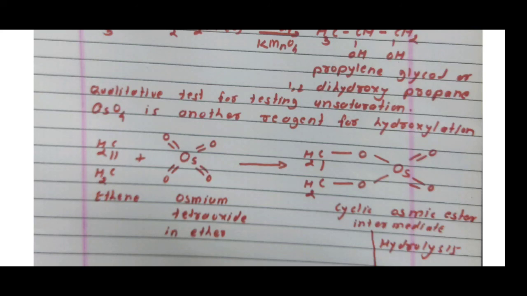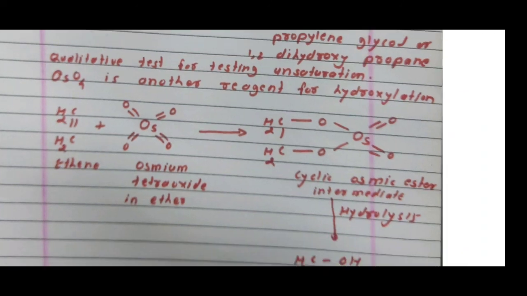Here I am showing osmium tetroxide in ethereal solution, CH2O, CH2O, with Os double bond O, Os double bond O. This is the cyclic osmic ester, the intermediate product.